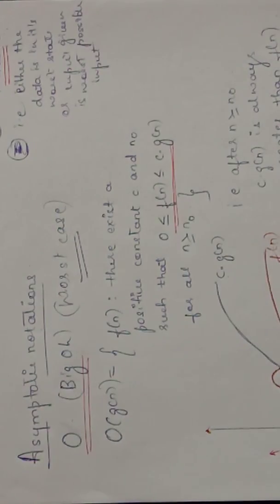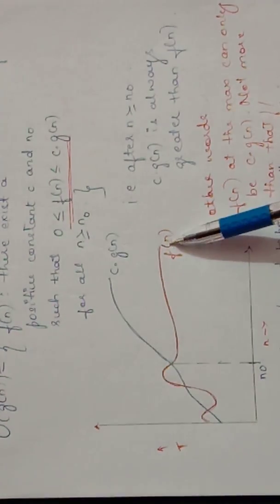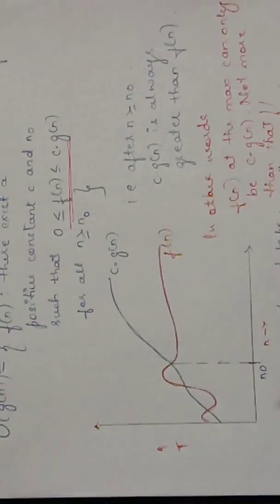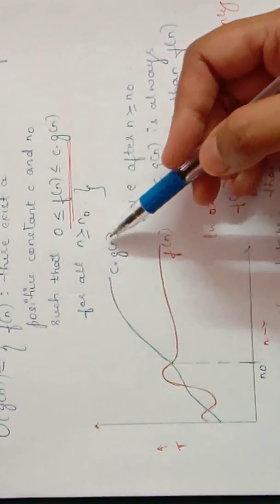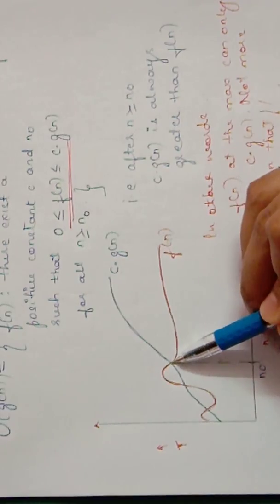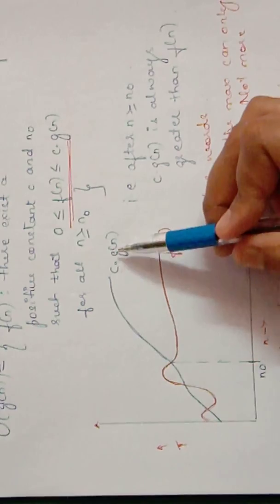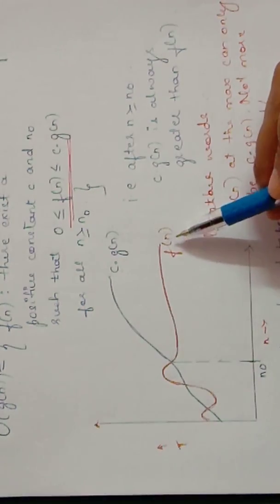What does this exactly mean? We will see this from a graph here. This is the plot for f of n and the plot for c of g of n, a random plot. It's obvious that after a particular point, that is n naught, the plot for c of g of n should always go above the plot for f of n.